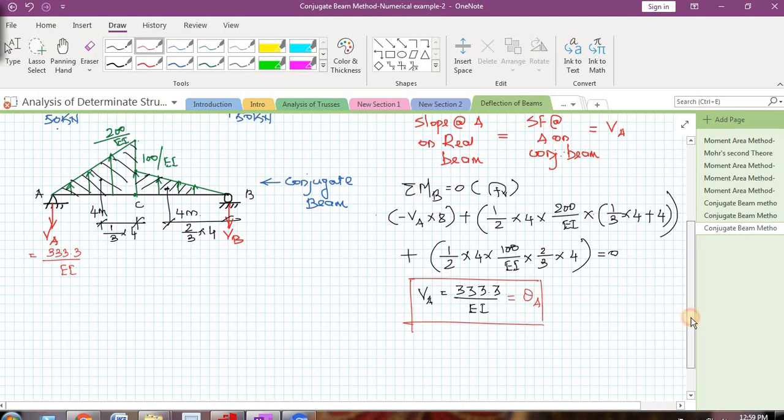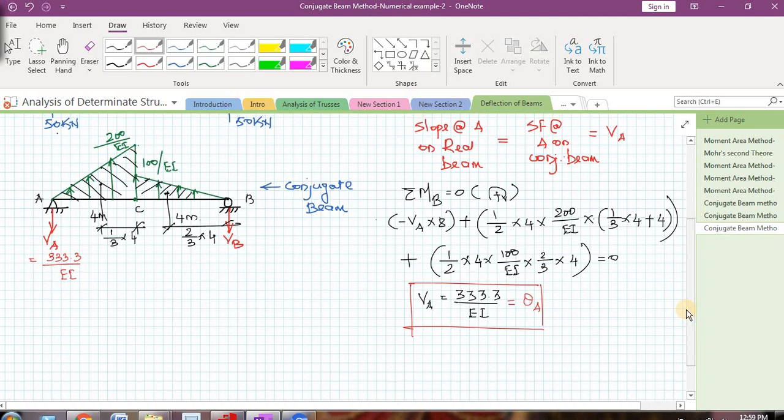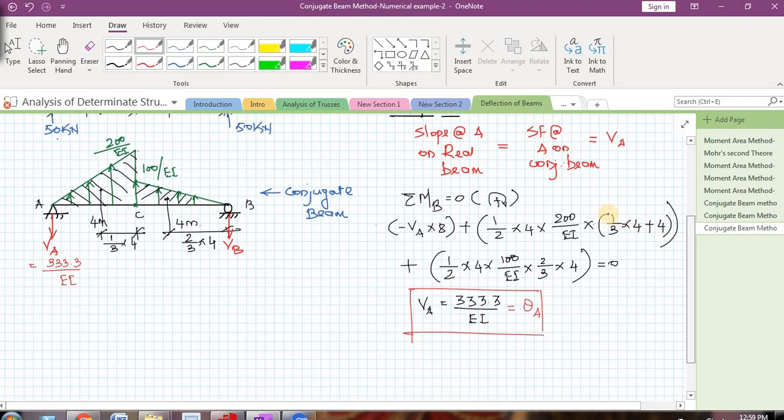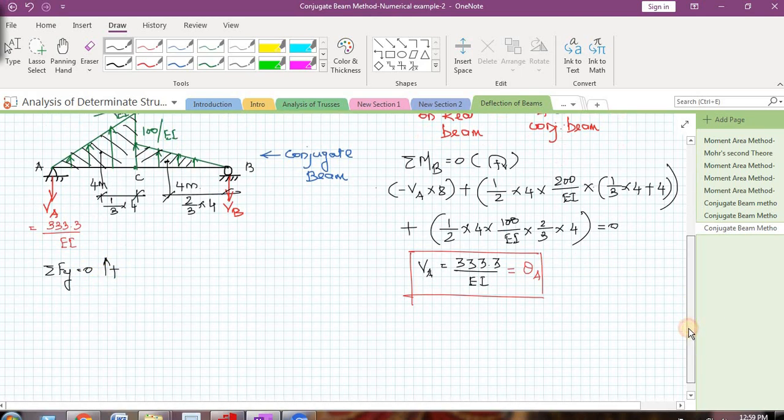Similarly, we can also find the shear force at B, which is nothing but equal to the slope at B on the real beam. So to do that, I can take summation of Fy equal to 0 with the sign convention as all the upward forces positive.